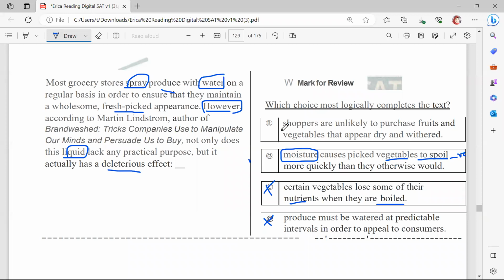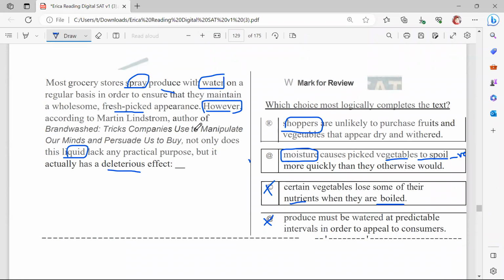Shoppers are unlikely to purchase fruits and vegetables that appear dry and withered. No, because they mentioned in the beginning that it would look fresh picked and have a wholesome appearance, not dry. But don't forget that this is not my focus. My main focus is on the repeated ones, water, liquid, and so on.